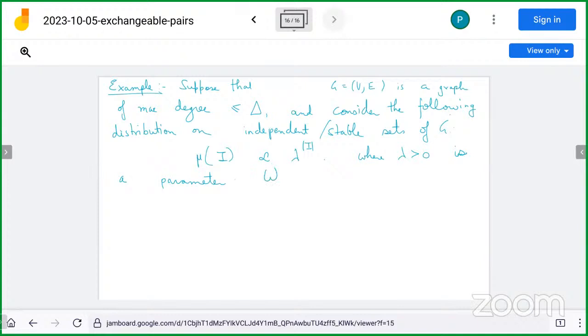What is the setup? You can think of it as a Bernoulli random variable for each vertex, one for each vertex, and so n of them. That's the setup.